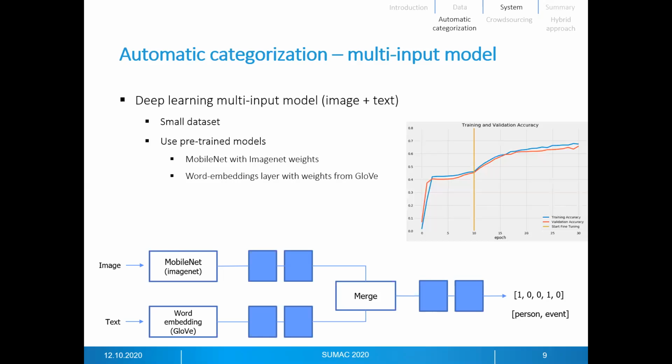Figure 5 outlines the training and validation accuracy score of the multi-input deep learning approach. After 30 epochs, our model achieved an accuracy of 63% and Hamming loss of 10% on the validation set. It is important to emphasize the effect that the transfer learning method has on the model's accuracy.